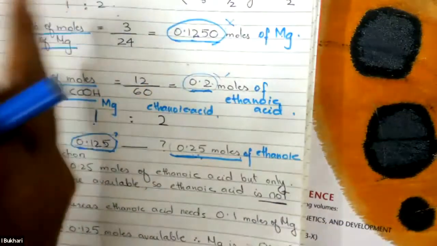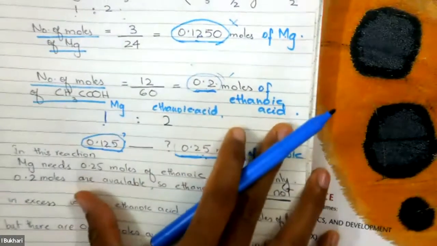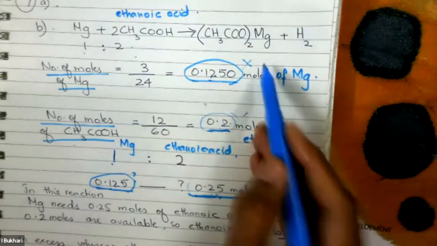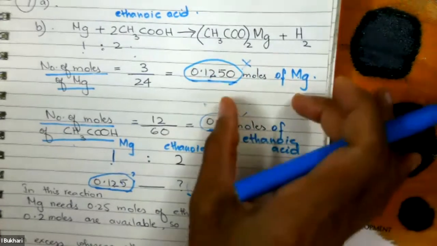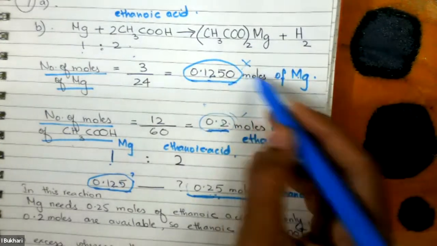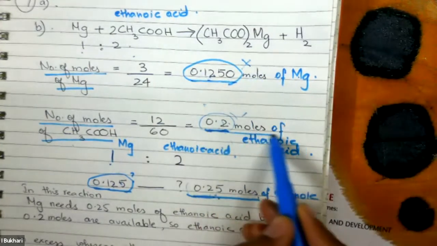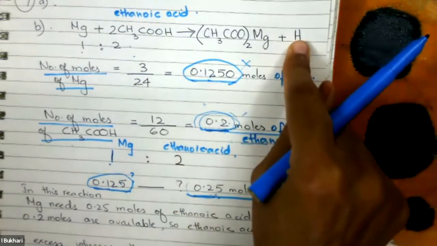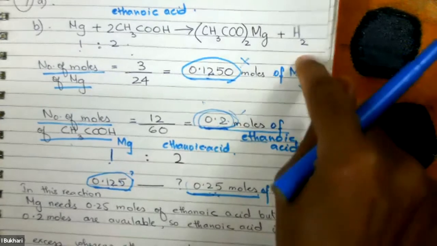So I cannot use magnesium, because now I know magnesium is in excess, it is more than what is required. This will not give me the correct answer. I will use the limiting factor, because this will decide the product.